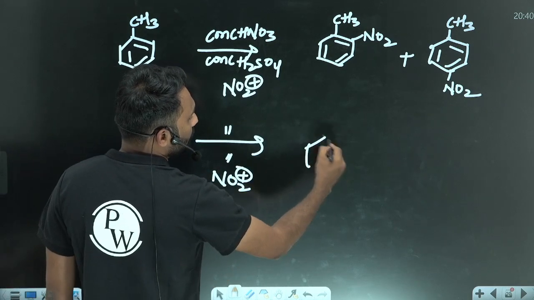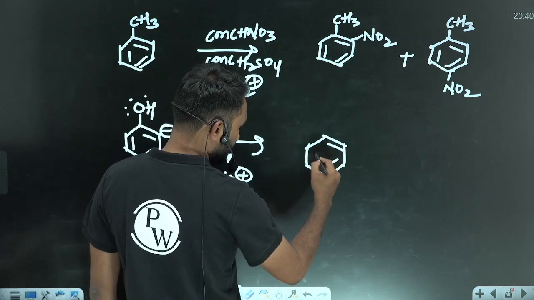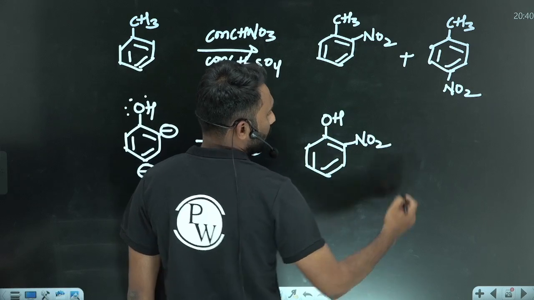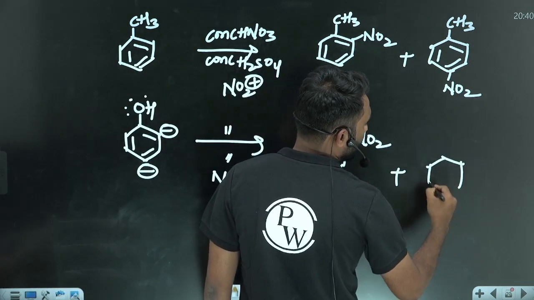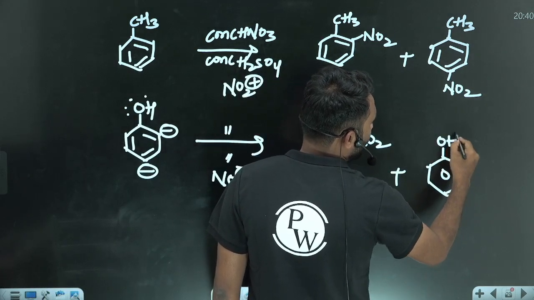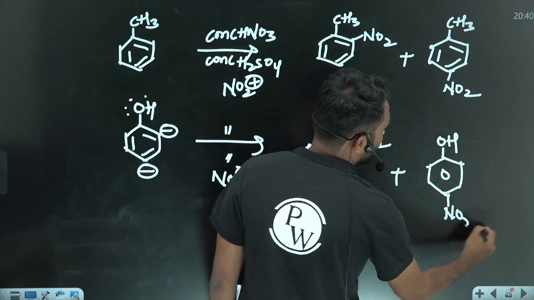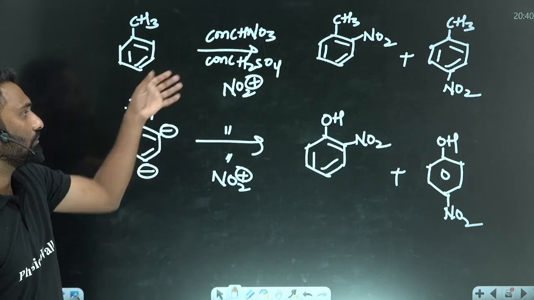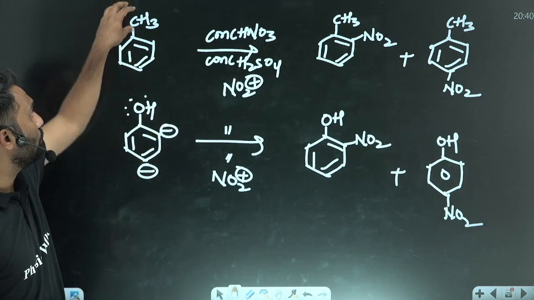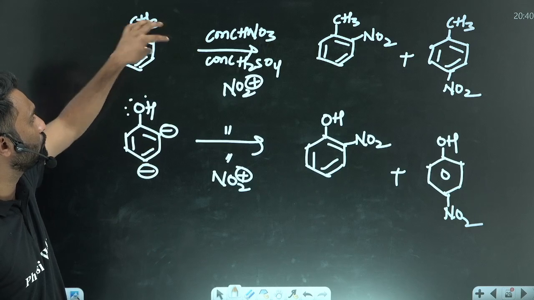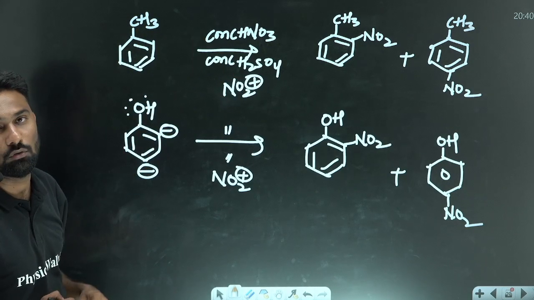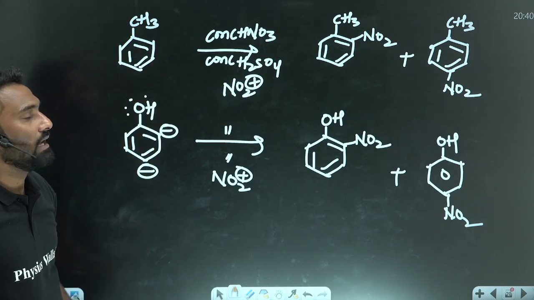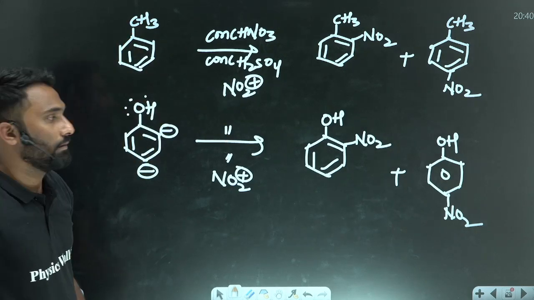Now here also we'll get the orthonitrophenol and the paranitrophenol. Here also we'll get two types of compounds. Clear? Here the groups attached to benzene will decide where the electrophile attacks. Clear? Next.